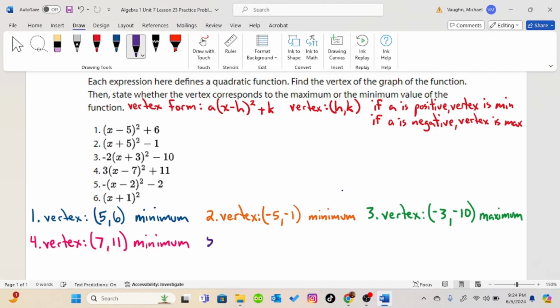Number 5. The vertex is at 2, -2, and because a is negative, this is a maximum, and the graph opens downward from here.